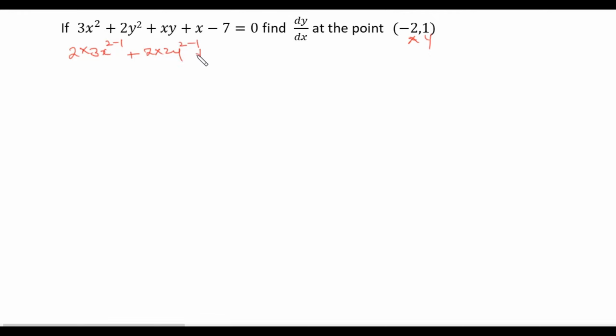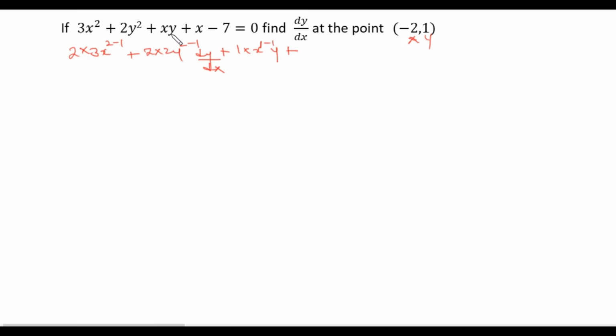Then whenever you differentiate y, make sure to include dy/dx. Plus, now we differentiate x and keep y. Differentiating x, the coefficient is 1, so the coefficient multiplied by x, and then you subtract 1 from the power. Then you keep y.